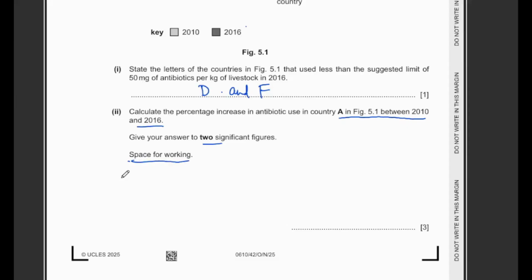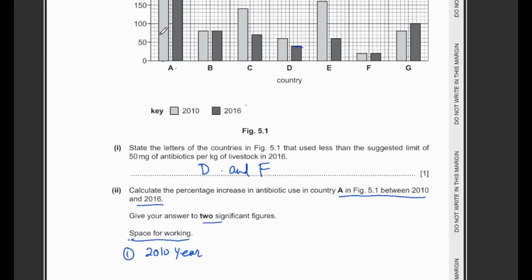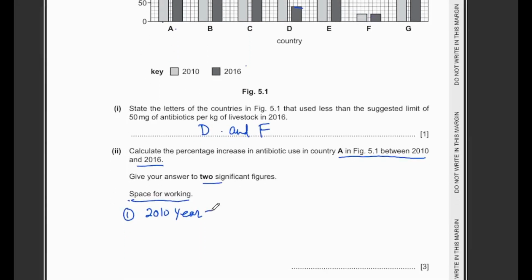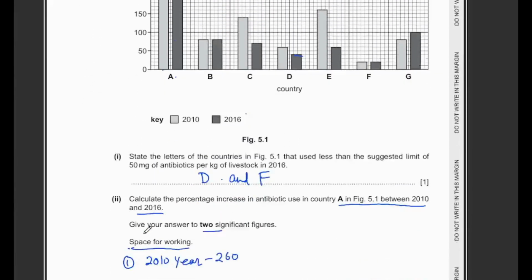First, we take A for 2010. How much is it for 2010? It is 260, and the unit is mg per kg.